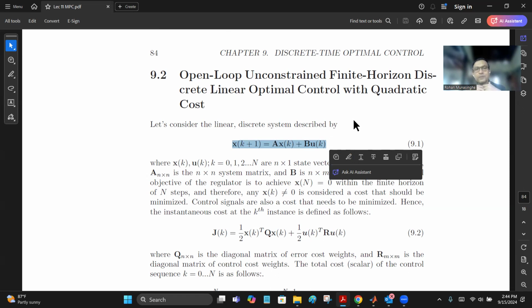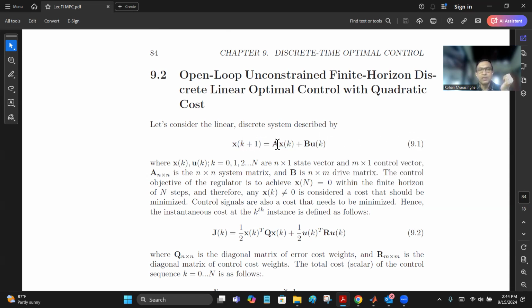System dynamics. I think everybody is familiar with this notation: x(k+1) equals a xk plus b u k. If you don't understand this, it's very simple. Say you are driving a car. You know your present position, which is xk. And you know your velocity, let's say it is u.